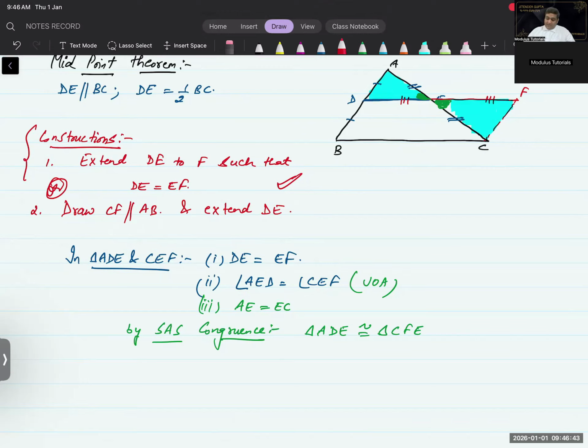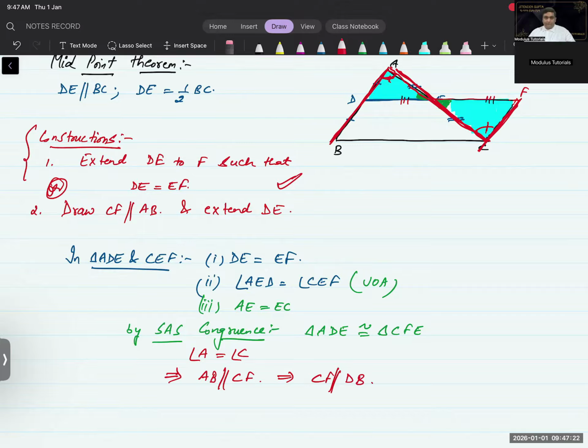In that case, angle A and angle C will be equal. Now just see what this is. This is a line, this is another line, and this is the Z formation happening. You see the Z formation? So by the converse of alternate interior angles, I have the license to say that AB is definitely parallel to CF, or I can say CF is parallel to DB.